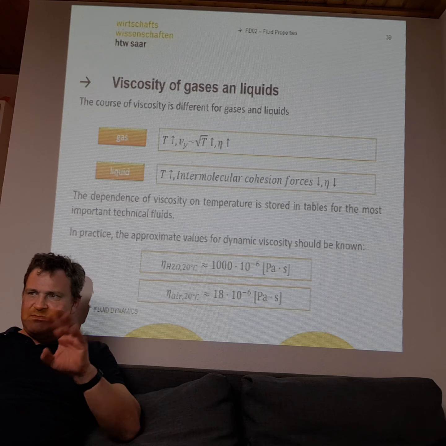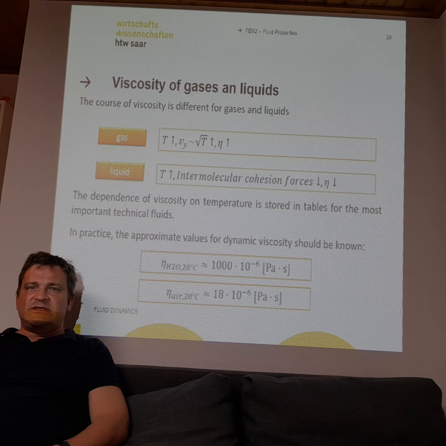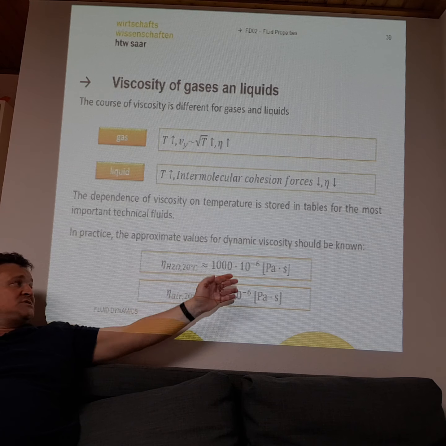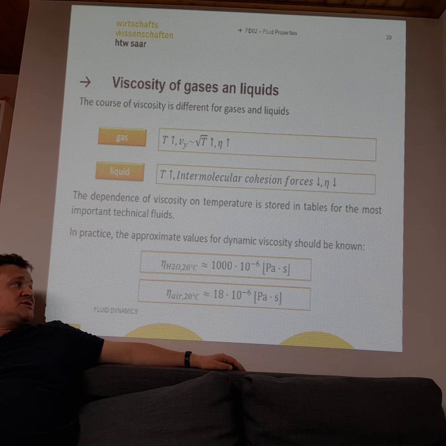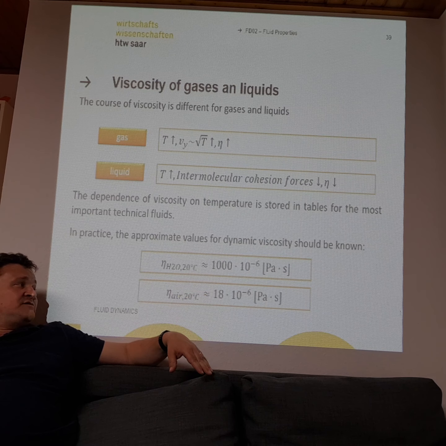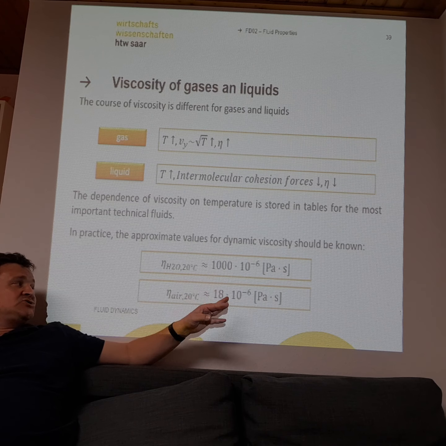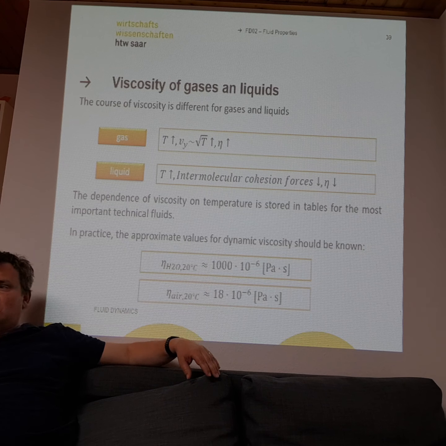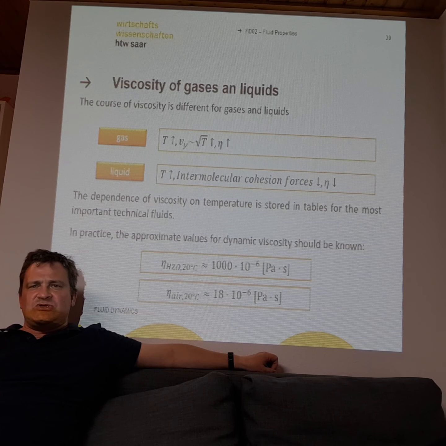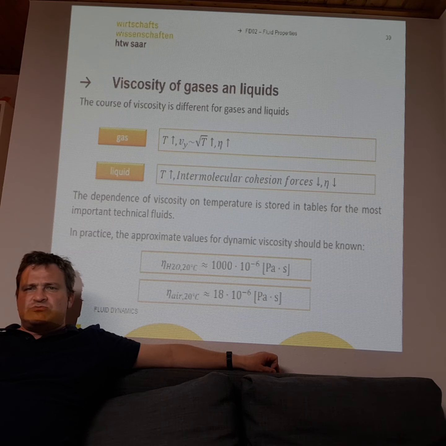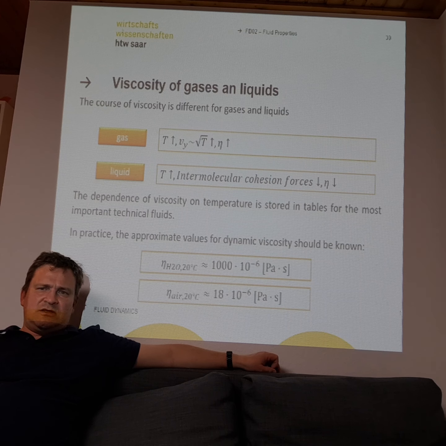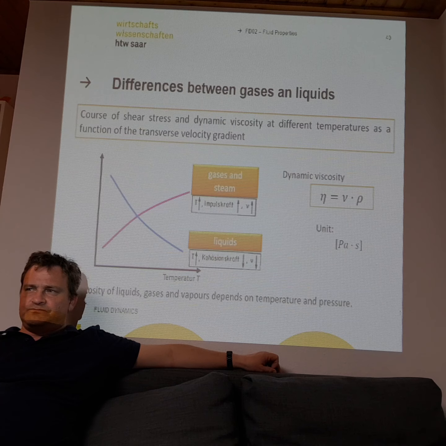Now that's a bit complicated. And here are also some viscosities. You can see the viscosity of water is much higher than the viscosity of air, and that's something you know. Air is much more fluid than water.